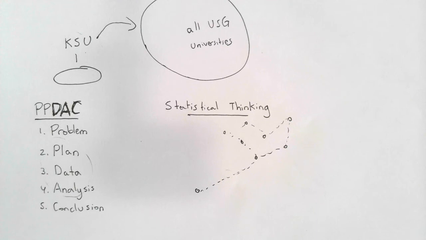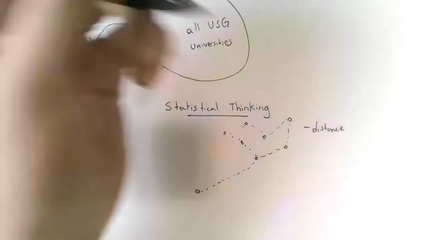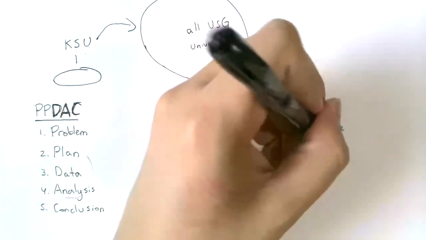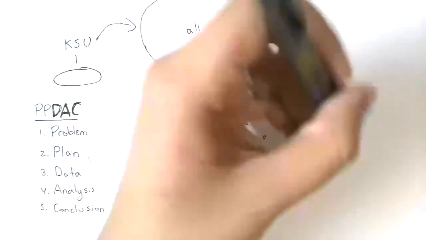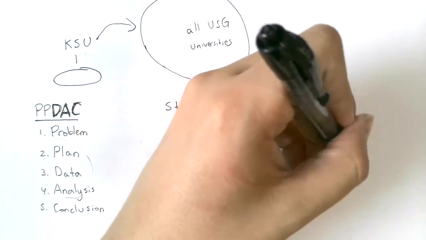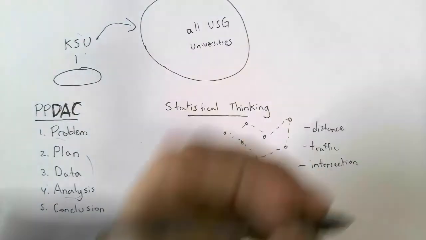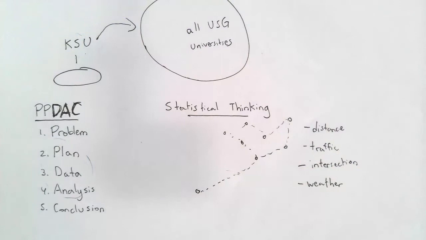So statistical thinking is me saying, okay, what do I need to consider? And then writing down, okay, I need to consider not just distance, but also traffic, but also, I'll just call them intersections. So stop signs and traffic lights, weather, okay?